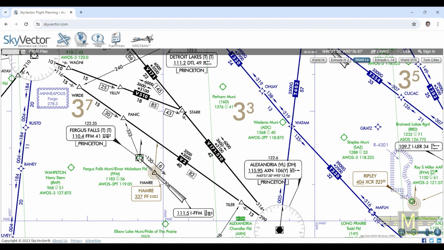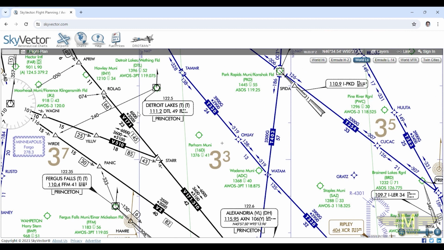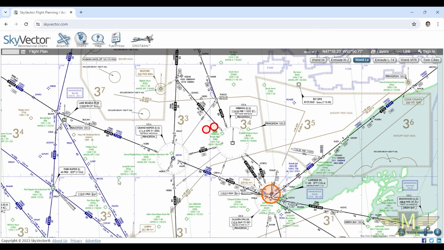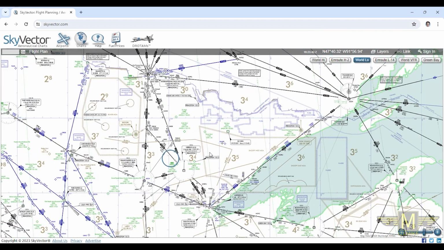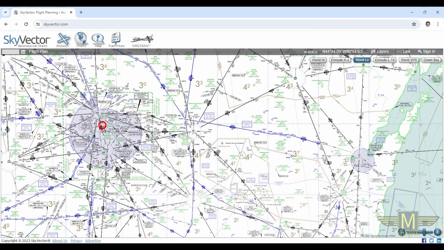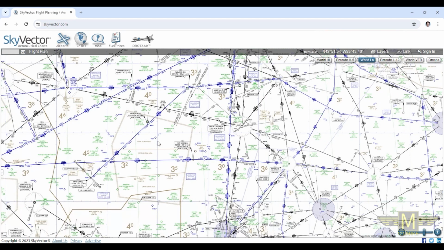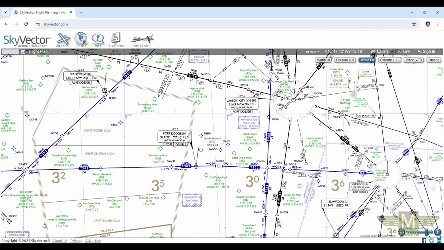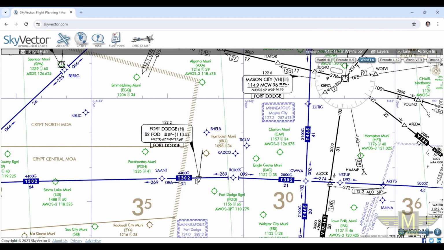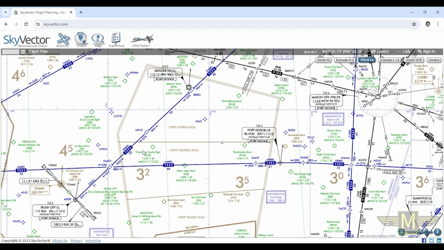The VOR DME is Fergus Falls, but the radio is Princeton. If you find one that has a shadow, that means the radio call sign is the same as the facility that we're talking about. I don't see one, but they're out there. But that's what it means. So if this were shadowed, you would say Fort Dodge radio on 122.2. Anyway, but that's a TACAN. We're not messing with that.